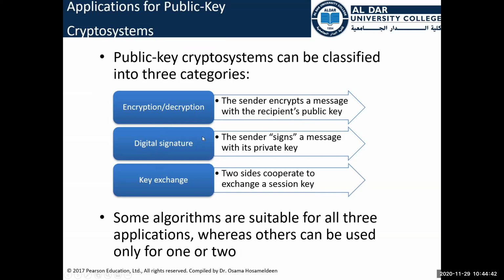Digital signature means to make sure of the source of the data, and then we have used the sender's private key to sign the data or sign the message. And the last one is key exchange. And we will see in the next lectures, not today's lecture, in the upcoming weeks, inshallah, how to make key exchange, even for symmetric key.